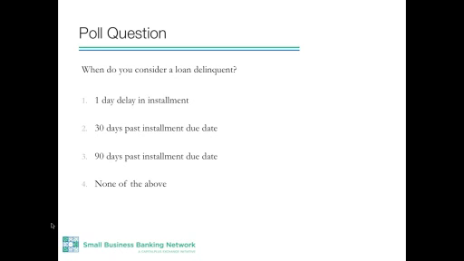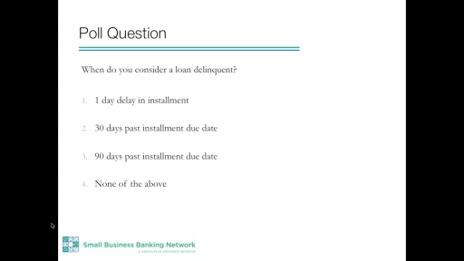At this point, we will ask you one brief question again, and I'll hand you over to Jessica for this. The question is, when does your institution consider a loan delinquent? We're looking at this in terms of your loan monitoring process. We're just going to take about 10 more seconds here, and we're getting pretty spread out answers, Cecilia.